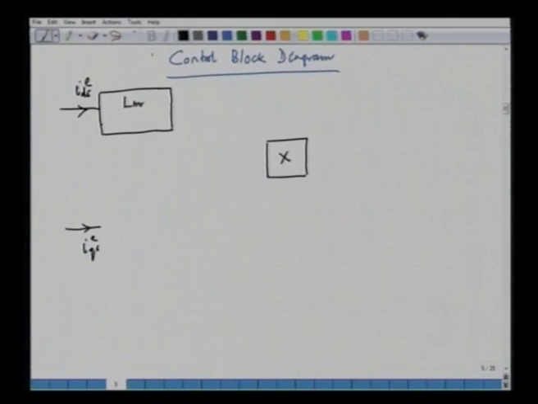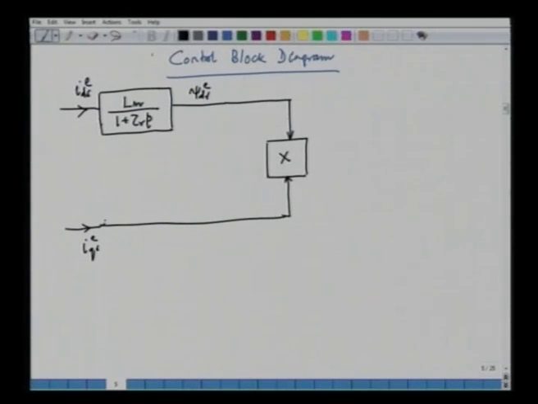We have a delay term here, 1 plus tau r P, and this is our flux psi dRe. And then we have a multiplier block here. Then afterwards, what we have here is a gain block, 3 by 2 P by 2 Lm by Lr. Then we have the torque.